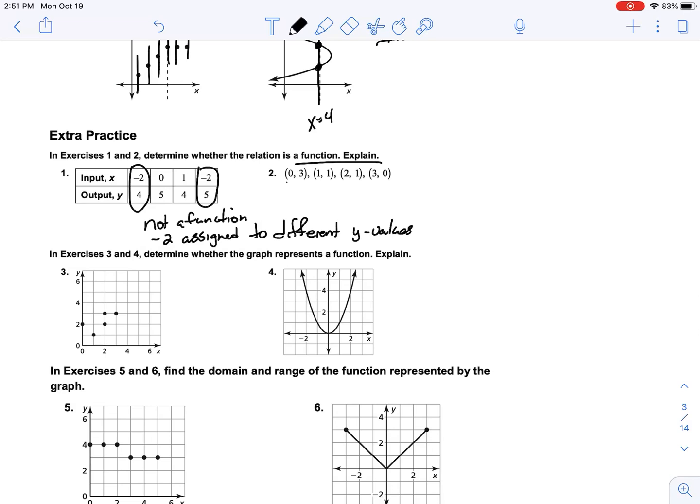Okay, over here we've got a 0, a 1, a 2, and a 3. So since my x value never repeated, I can't be assigned at 2 places at the same time. This is a function. Each x has only one y.